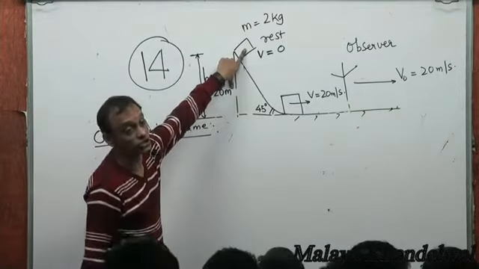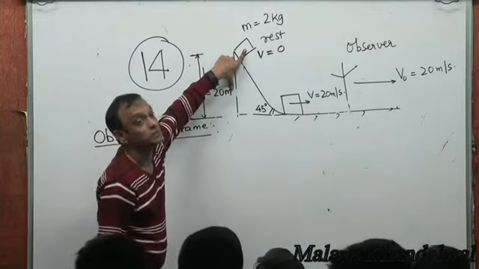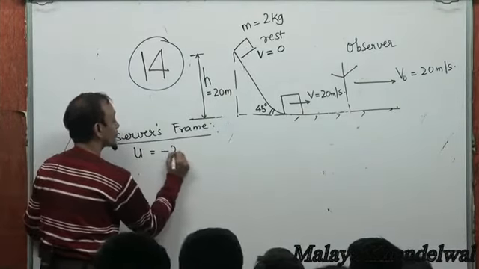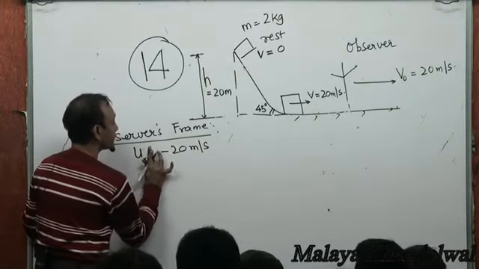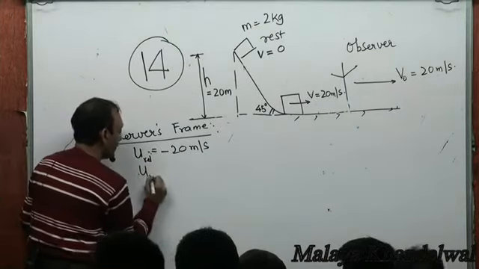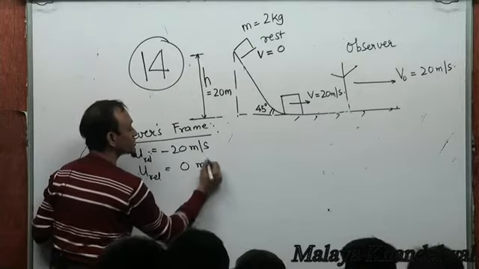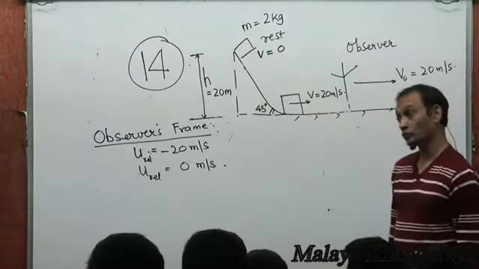The initial velocity is not 0, but is minus 20 meters per second. U_rel initially, right? U_rel finally, that is in this state, is 0 meters per second in a frame of reference attached to the observer, right?